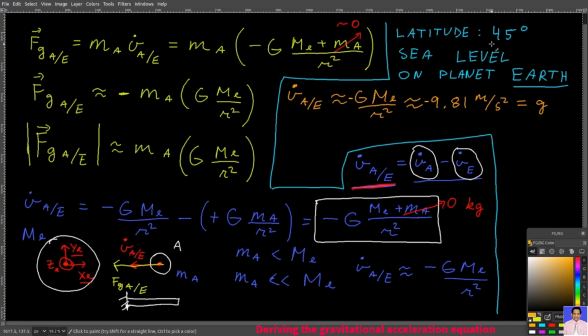It's measured at 45-degree latitude because the Earth is not a perfect sphere in reality. It's wider at the equator and narrower at the poles. And so that means that your r here will be a little bit bigger when you're on the equator and a little bit smaller if you're on the poles. And obviously your r is also different when your altitude is different.